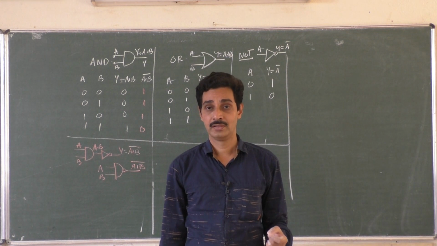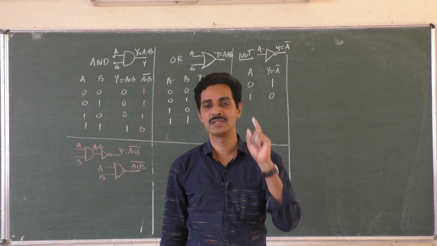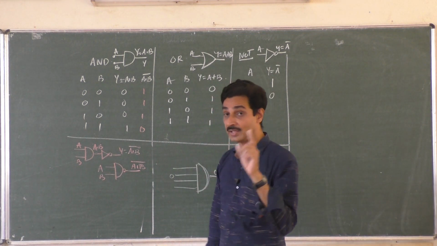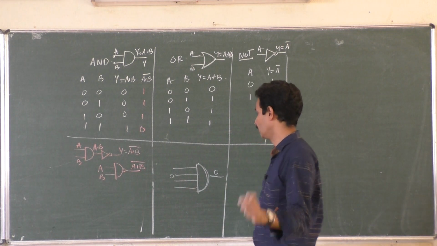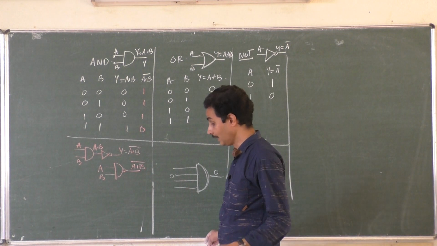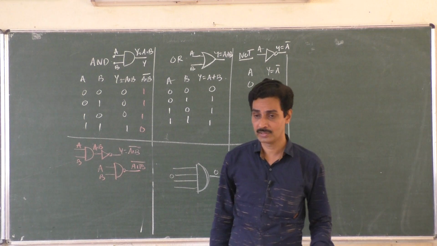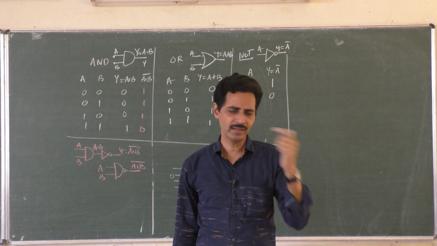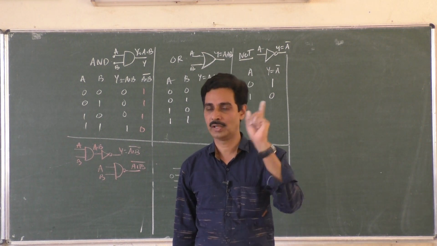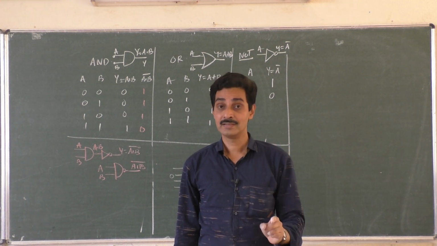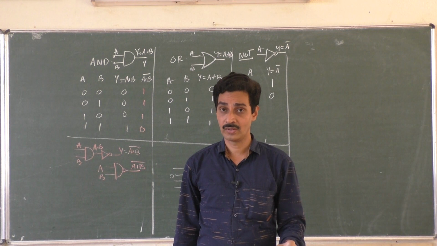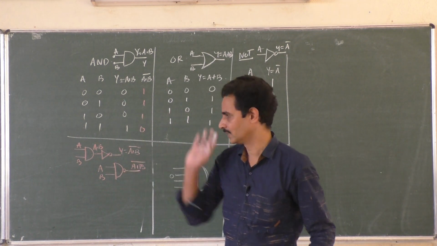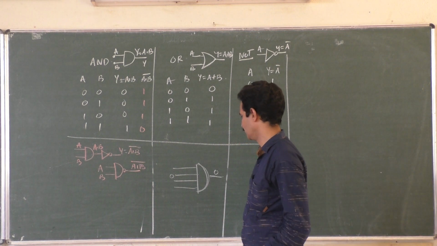When one of the inputs is 0, the whole output is 0, because the AND gate requires all the inputs to be 1 to have an output 1. That means if one of the inputs is 0, whatever be the other inputs, output is 0. Now you need not worry about other inputs at all.